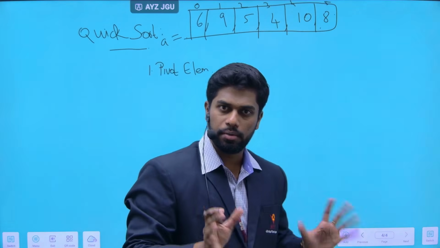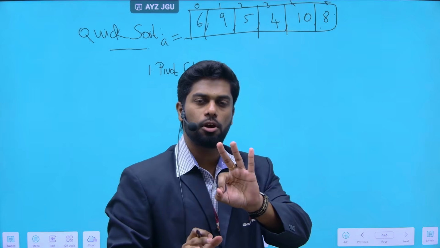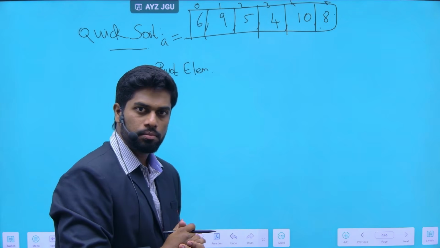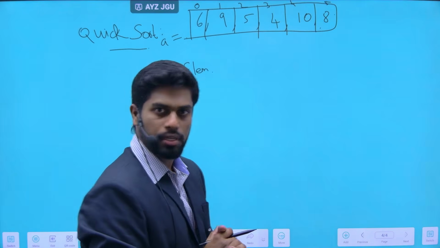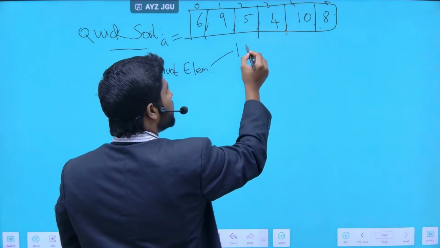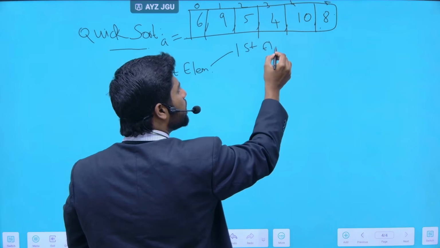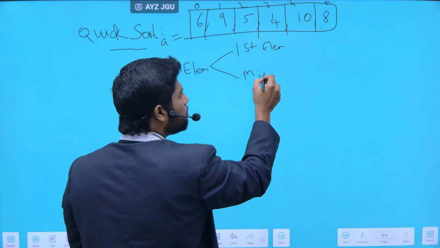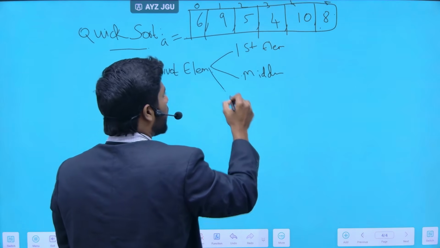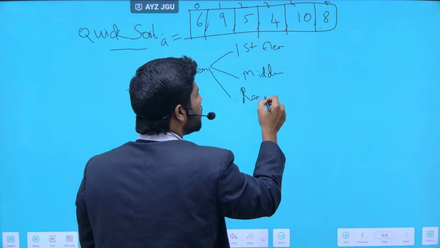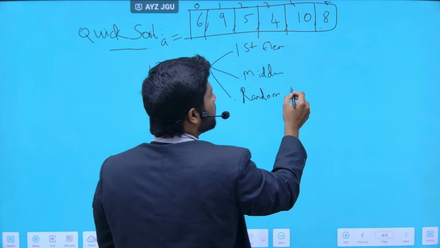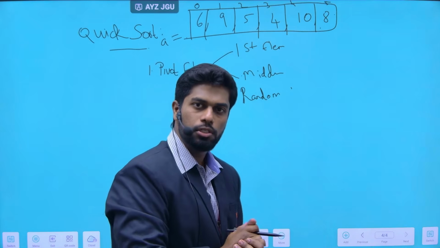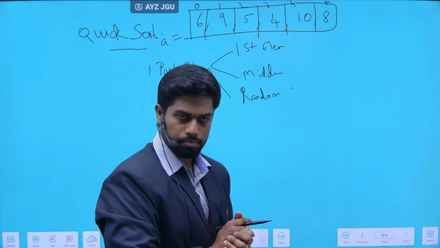There are three ways to choose a pivot element. One is that the very first element will be the pivot element. Middle element will be the pivot element, and any random element can be the pivot element. So three ways to choose a pivot element.